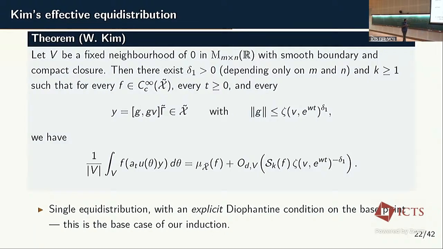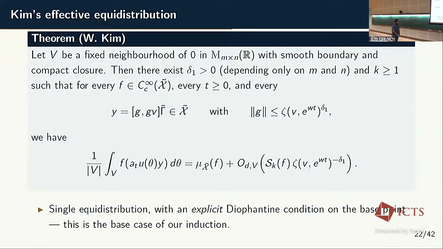Nowadays in our community, one of the main challenges is this: Ratner's theorems should be viewed as a very, very sophisticated Birkhoff ergodic theorem, and the challenge is, can you get a finitary version of Ratner's theorems? This is one such.